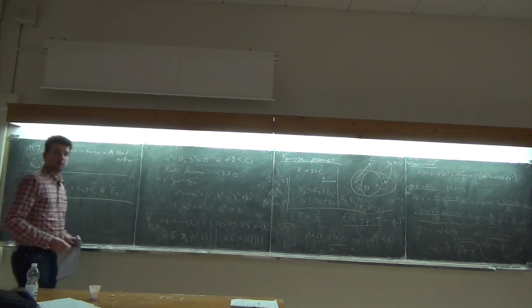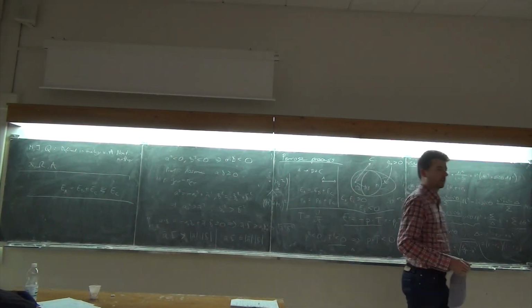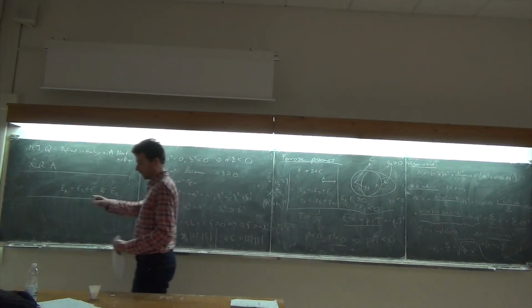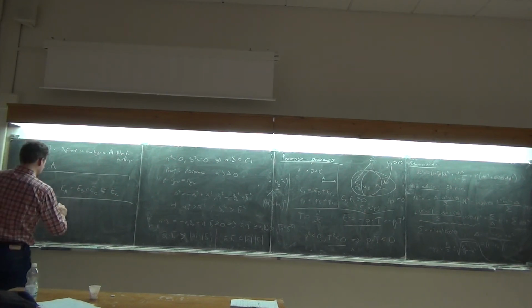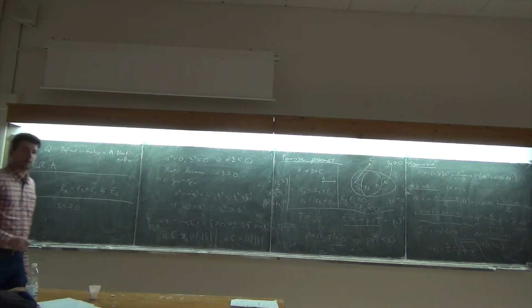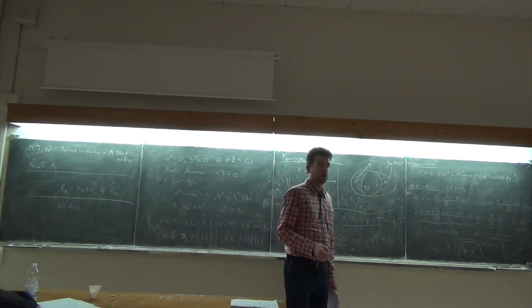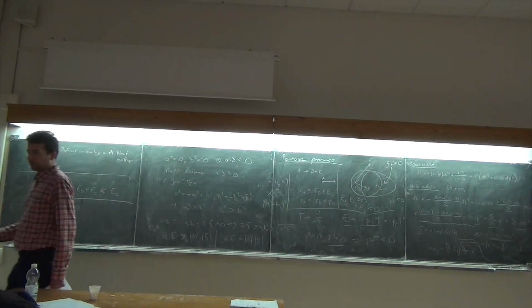But this is not possible for Schwarzschild black holes, right? No, because it doesn't have angular momentum. In these processes, it's always true that the area either stays the same or increases.